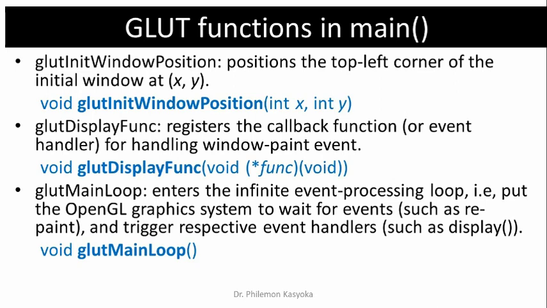So we have GLAD main loop, which enters the infinite event processing loop. That is, it puts the OpenGL graphic system to wait for an event to occur. It will always keep waiting for an event to occur. Should an event occur, it is able to respond quickly based on the particular event that has been entered. And we find these under void main loop.